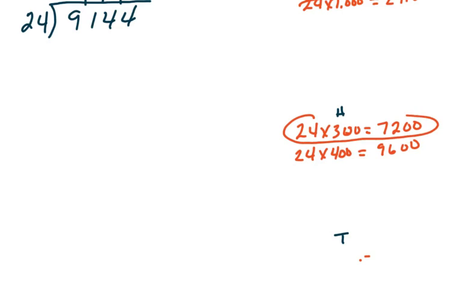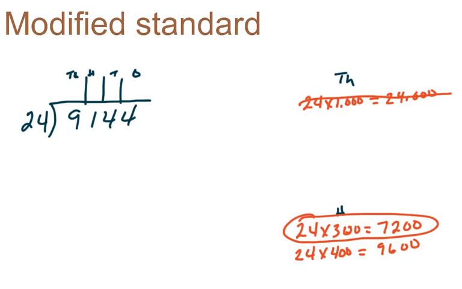So I'm going to circle that we're going to use 300. I put a 3 in the hundreds place. I know that 24 times 300 is 7,200. We go through, we subtract. 4, regroup, that's 11 now. That's 9, that's 8. So right now, we still have 1,944 left to put into groups.